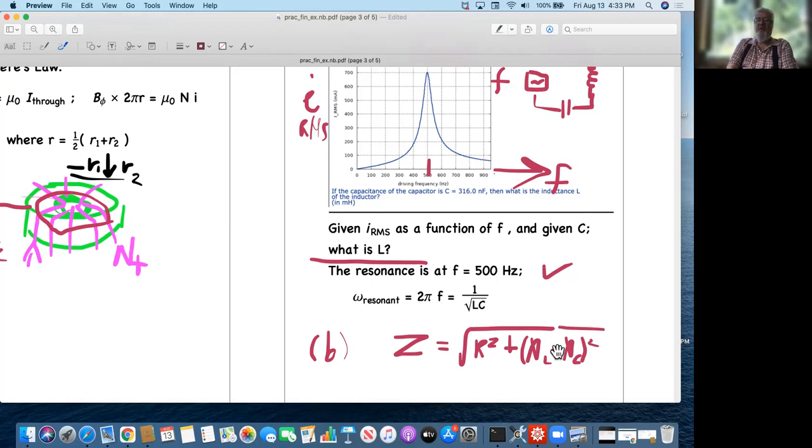And the resonance is when XL is equal to XC. So at resonance, this is 0, and that gives you the minimum value of impedance.